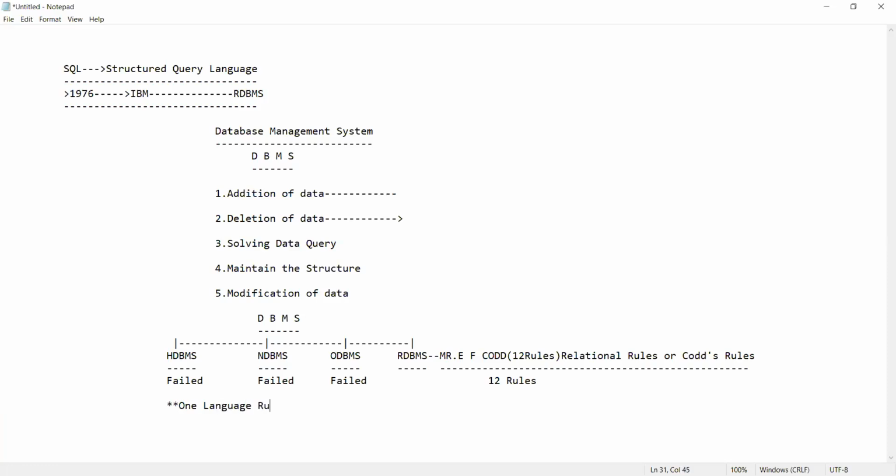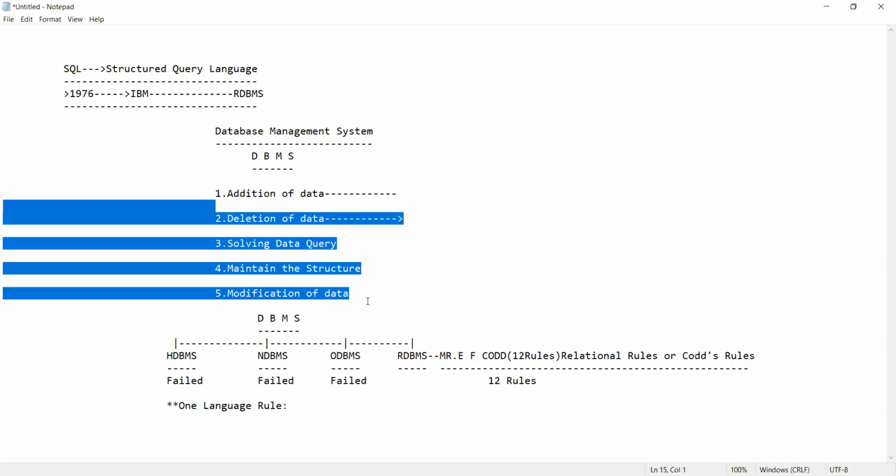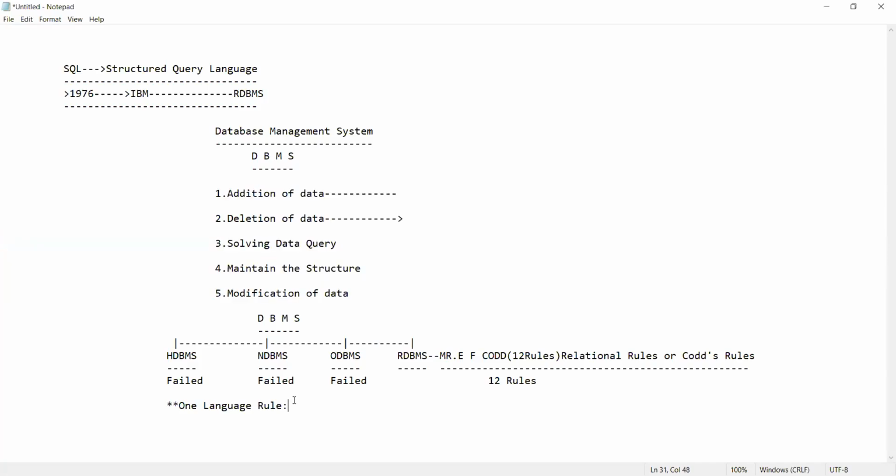According to this rule, any product which claims to be an RDBMS, for achieving the above 5 tasks, must and should use only one language. That language is called the SQL language.